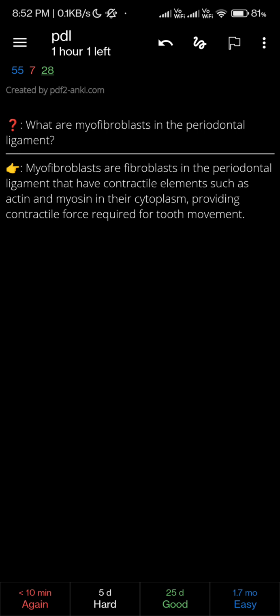Myofibroblasts are fibroblasts in the periodontal ligament that contain contractile elements such as actin and myosin in the cytoplasm, providing the contractile force which is actually required for tooth movement.